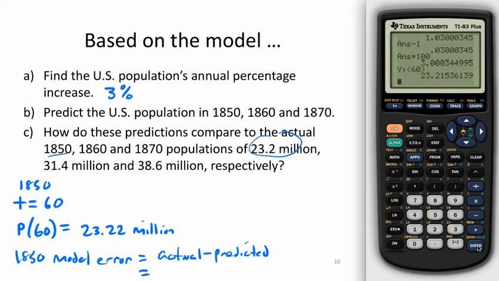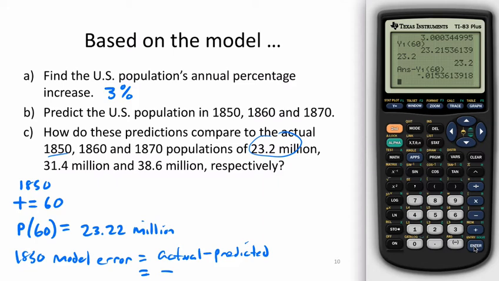And that's equal to what? The actual value is 23.2 minus the predicted value, which is the y1 of 60. So this is 23.2 minus y1 of 60. And that's about negative 0.02.